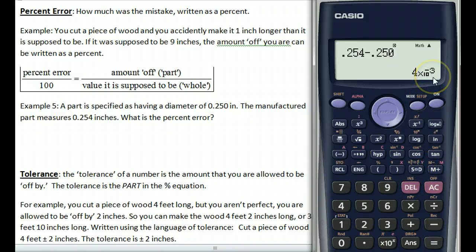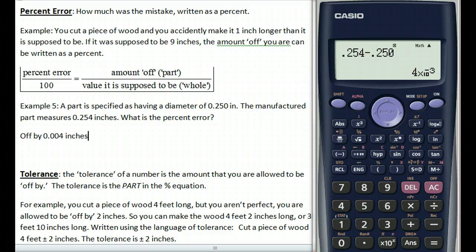Now here it's in scientific notation, and we've talked about this. So 4 times 10 to the negative 3 means that I have a 4, and then I move the decimal point to the left 3 places. So that means it is off by 0.004, 3 places to the left, inches.